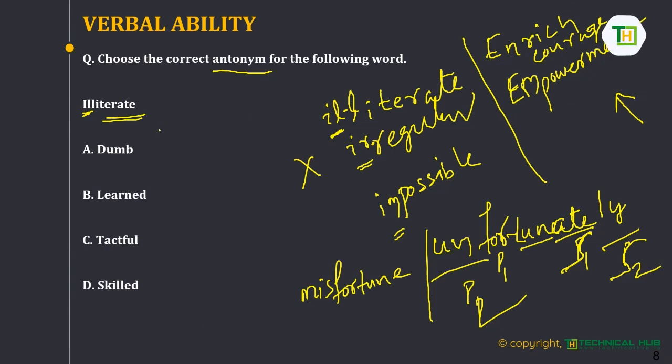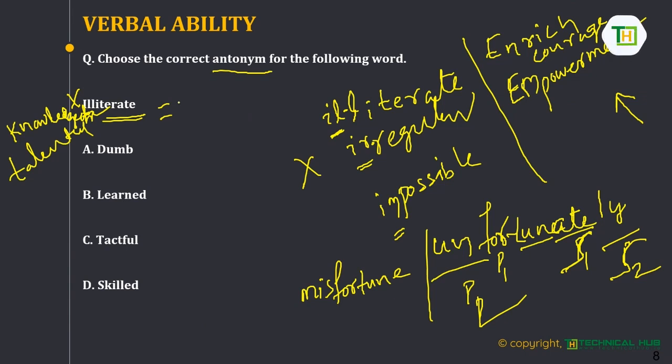So illiterate means he doesn't know anything. Whereas the opposite of it is what we can say: literate, knowledgeable, and we can say talented. Okay, all these.